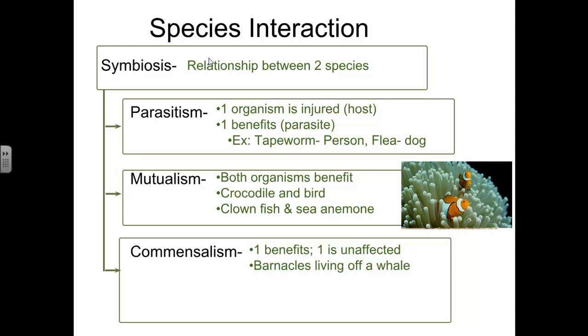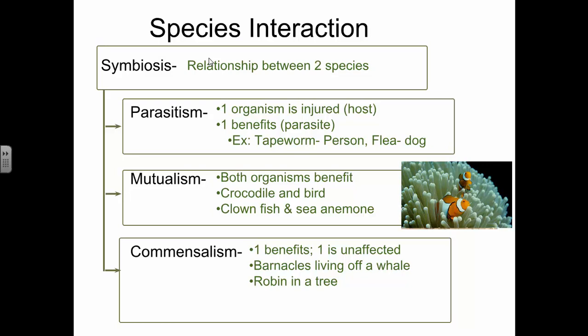They attach to a surface and stick there. Sometimes they attach to turtles or whales and basically hitch a ride. As they hitch a ride through the water, they're filtering out bits of food and so forth. So they're getting a benefit from it, but it doesn't harm the turtle or the whale in any way. It doesn't affect them.